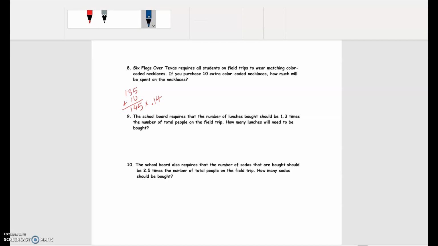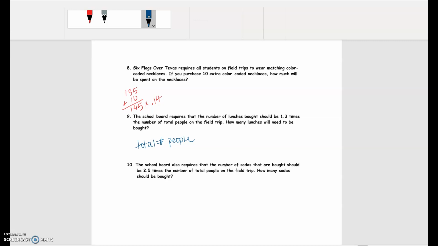Okay, so number 9 says the school board requires that the number of lunches should be 1.3 times the number of total people on the field trip. So how many lunches will be bought? This is the total number of people, including the students and the adults.